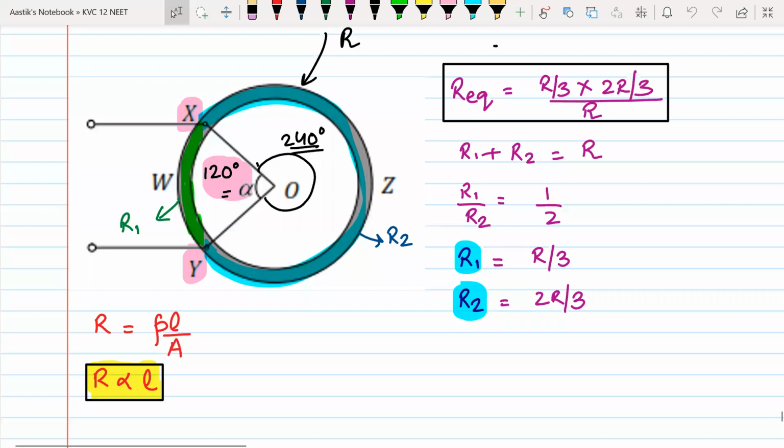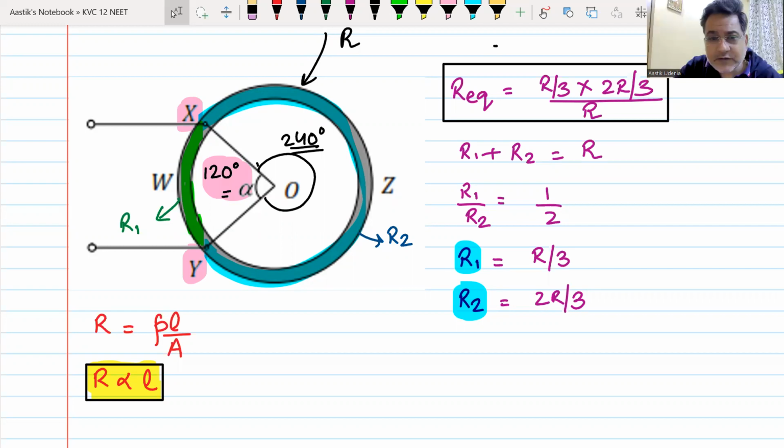R. Now find out the value of R1. So it will come in that same ratio. R1 will come as R by 3 and R2 will come as 2R by 3.